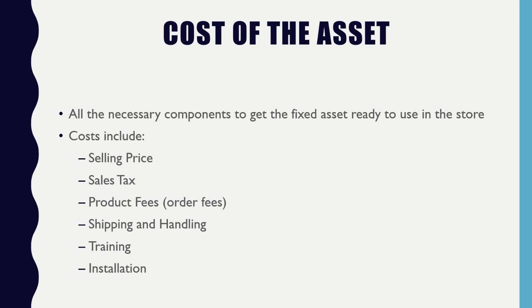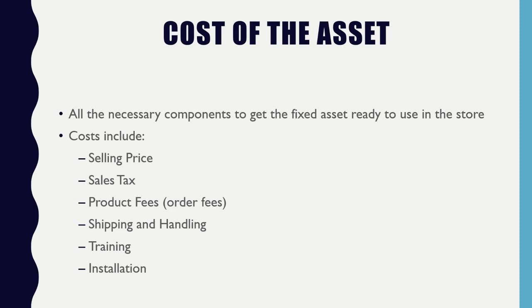Any product fee. So let's say you buy a computer and you need to buy the Windows operating system because it doesn't come with it, then that's going to be included as part of the asset because it's how you're able to run your computer. Those are extra things for you to get it ready for service. Shipping and handling, once again, getting it to your store.